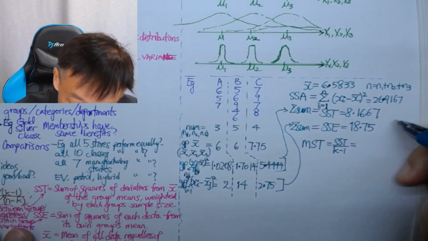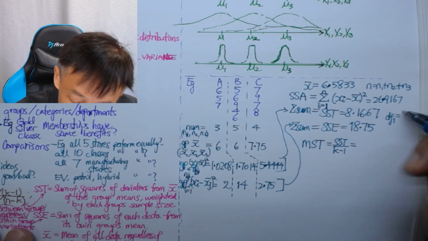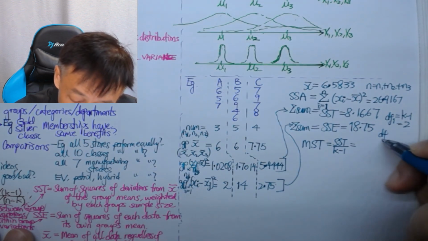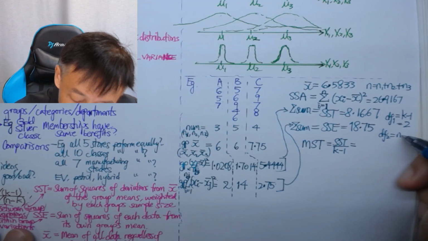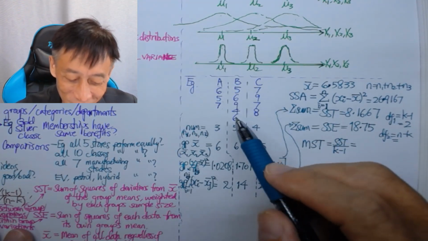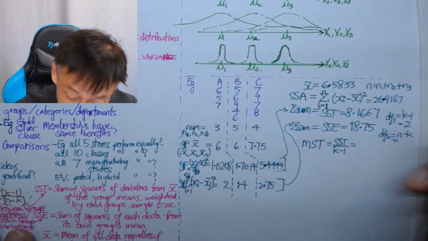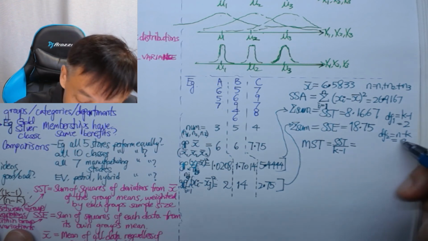And of course, we can note that the degrees of freedom for SST is K minus 1, equal to 2. The degrees of freedom for SSE is N minus K. What is our N? 3, 5, 4. So 9, 12. 12 minus 3, that's 9.